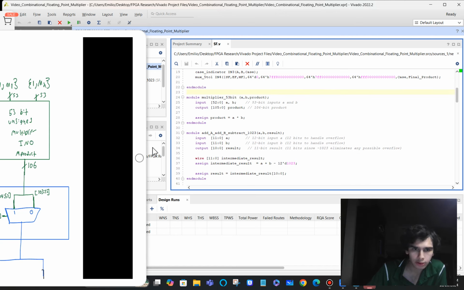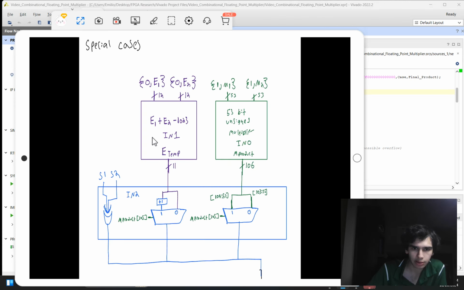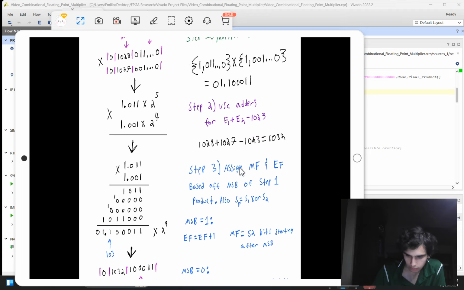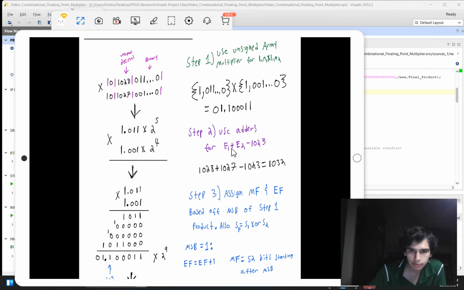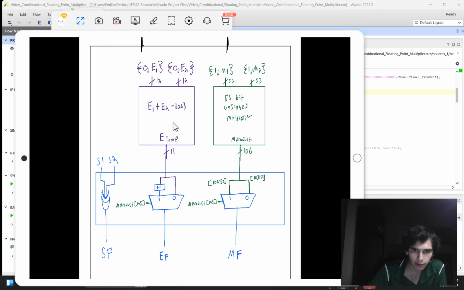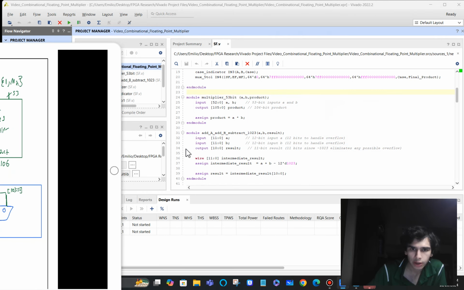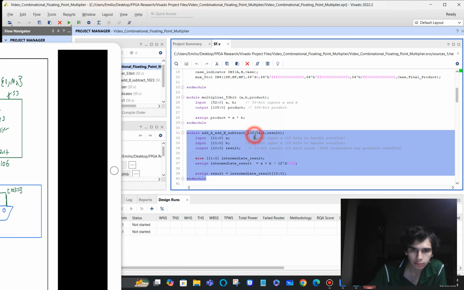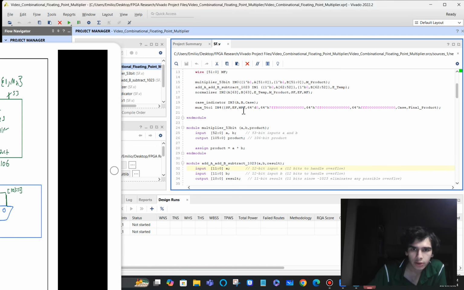And then this module, so add A, subtract B, it incorporates this functionality here. So this step 2 is done by this, and the code for that is here. So in the instantiation, we have the most significant bits of our inputs be a 0. And then we put in the 11 bits for the two exponents.